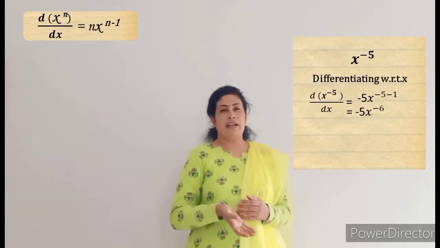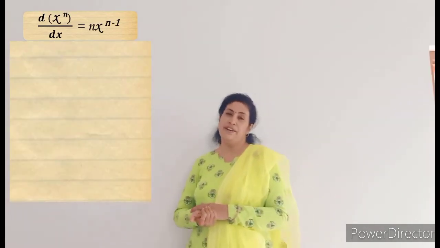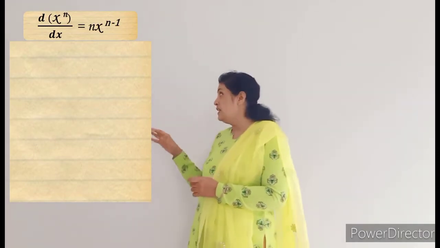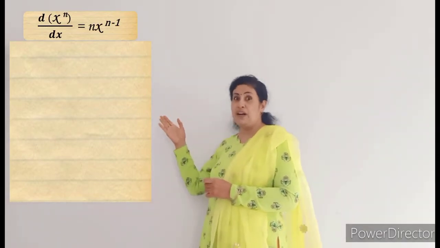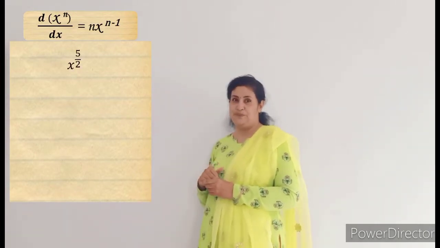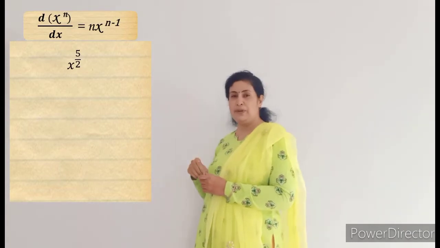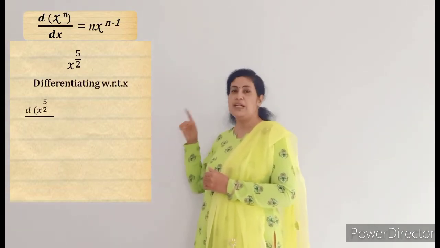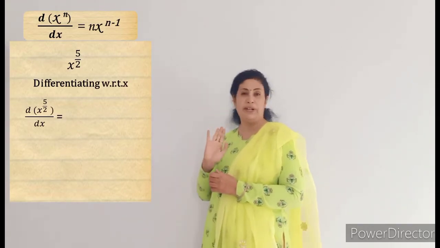One more example. What if the index is a fraction? Let us see that. Suppose the function is x raised to 5 by 2. So differentiation, what will happen? n will come down. What is n over here? It is 5 by 2.